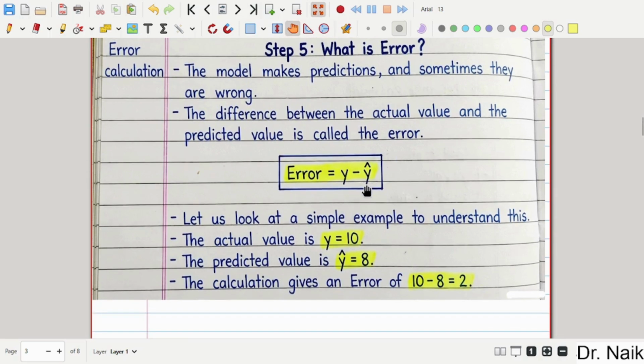Let us look at a simple example. The actual value y is equal to 10 and the predicted value y hat is equal to 8. Then error is calculated as 10 minus 8 is equal to 2. Therefore error is 2.